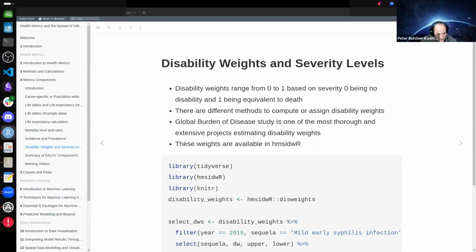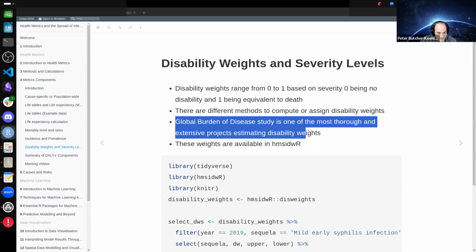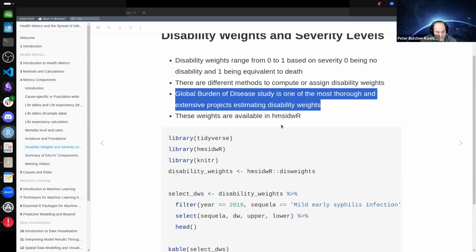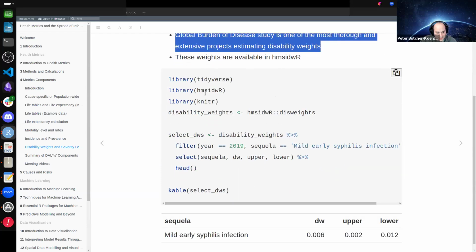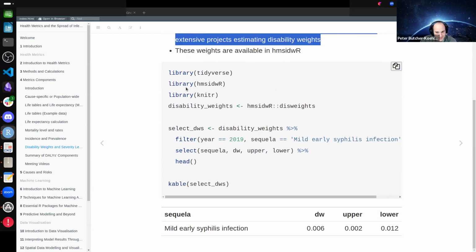But the source that we have in this book is the Global Burden of Disease Study, which has a pretty extensive set of disability weights, and we have these weights available in here. And here is just an example of selecting out one of those disability weights from the data set.